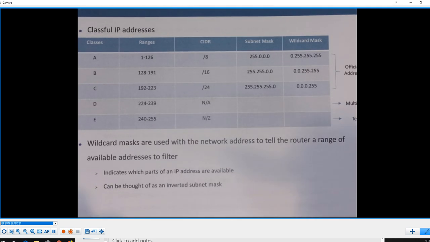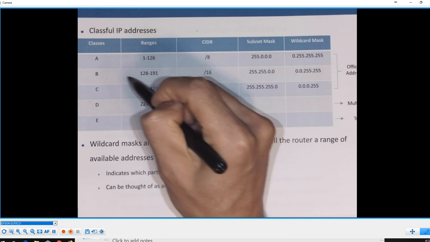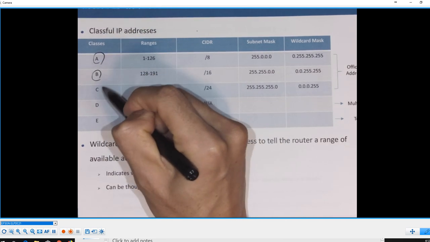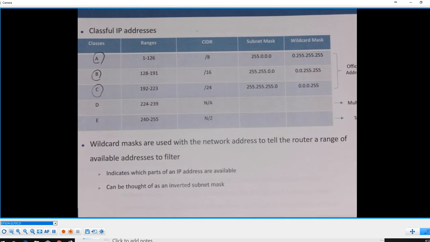Okay. So this is class A, class B, and class C.